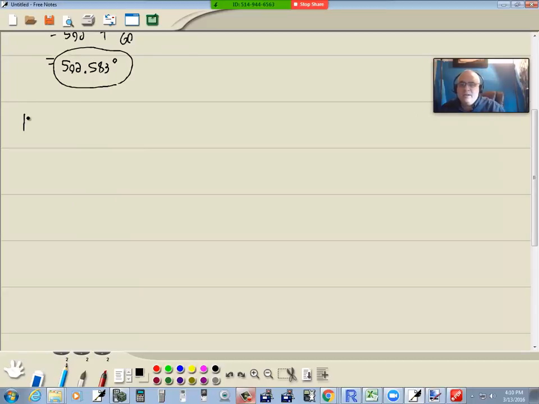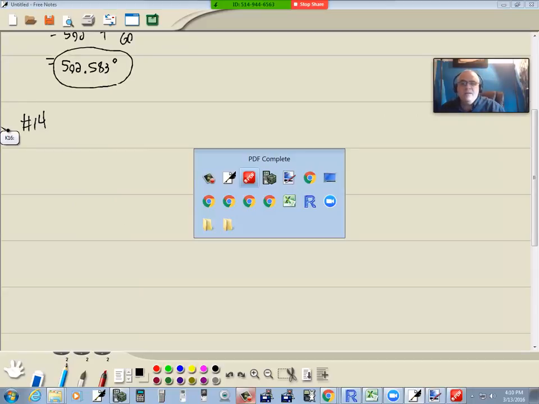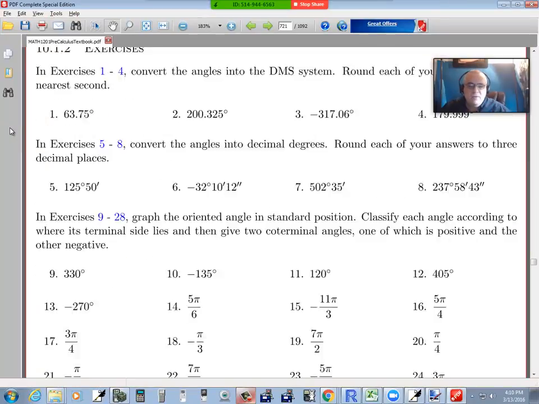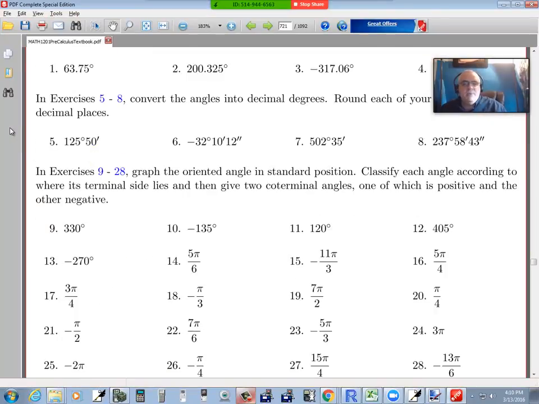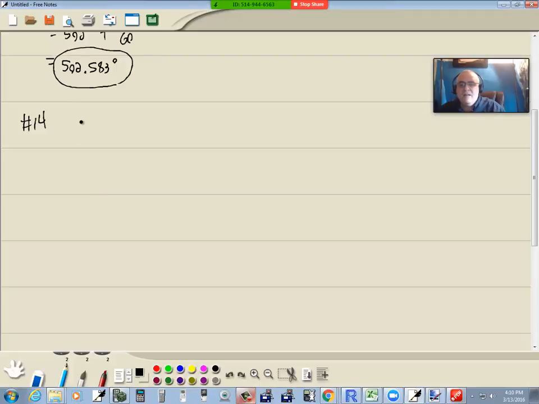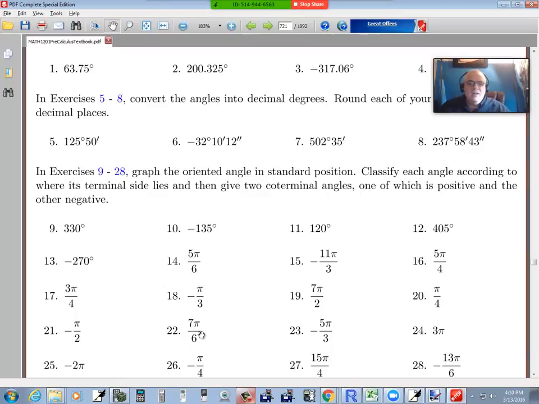Let's look at number 14. It says 5 pi over 6. Graph the oriented angle in standard position, classify each angle according to where its terminal side lies, and then give 2 coterminal angles, one of which is positive and the other negative.